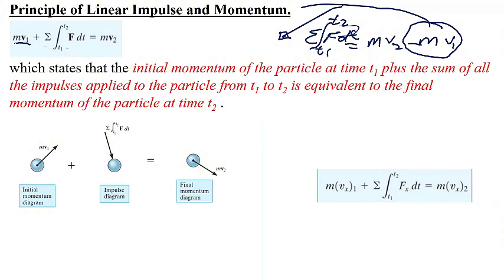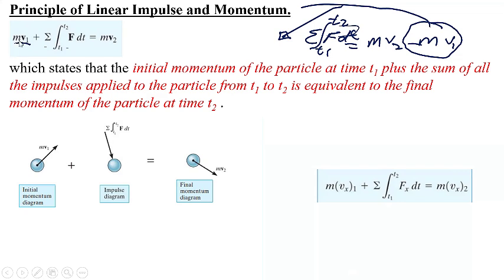Then it can be resolved into three different axes: x-axis, y-axis, and then the z-axis. For the x-axis, we have the x component of v1, which is mvx1, plus the integral of Fx dt is equal to mvx2.